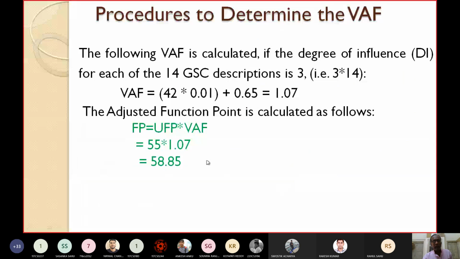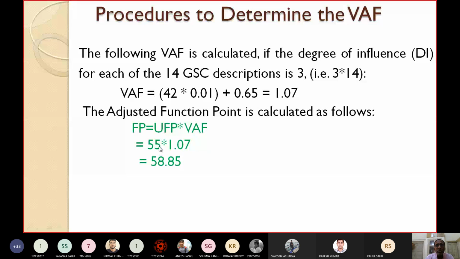Now the adjusted function point for the spell checker problem is calculated as AFP is equal to UFP times VAF, where UFP, already calculated, is 55, into VAF 1.07, which comes to about 58. This 55 is not the permanent one. It is a temporary, unadjusted figure, because at that time we had not considered the overall influence of the general system characteristics.